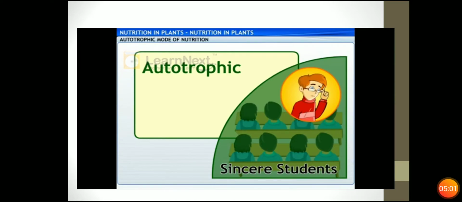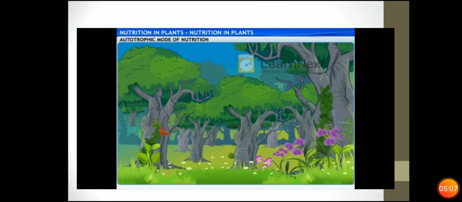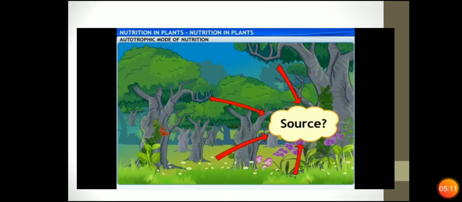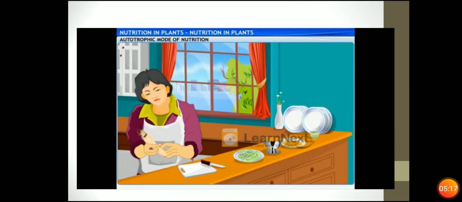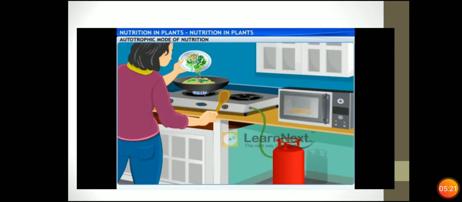The first mode we refer to consisted of autotrophs, or plants that prepare their own food. Most green plants fall under this group. To understand how they produce their own food, let's peek inside the kitchen. Observe how your mom prepares a dish. She collects all the ingredients and mixes them together one after the other.